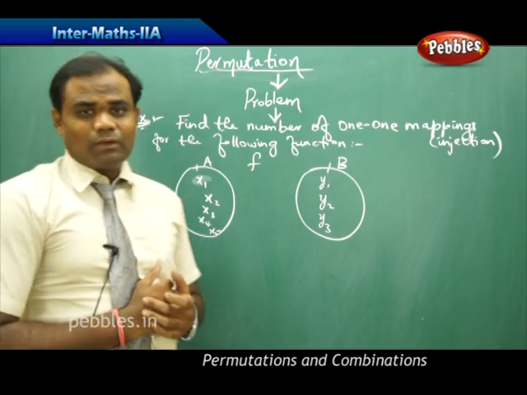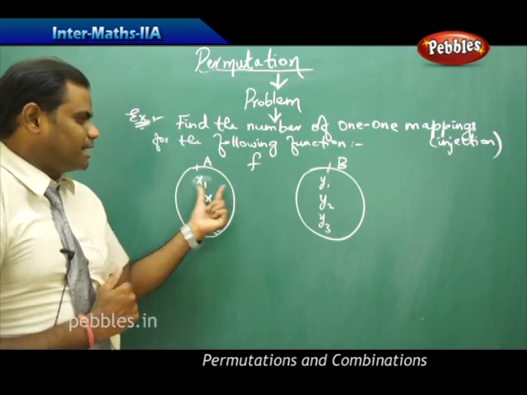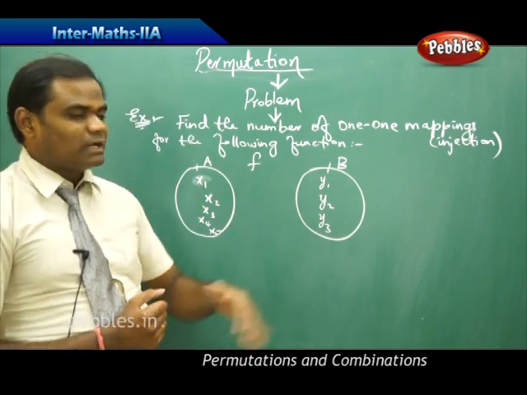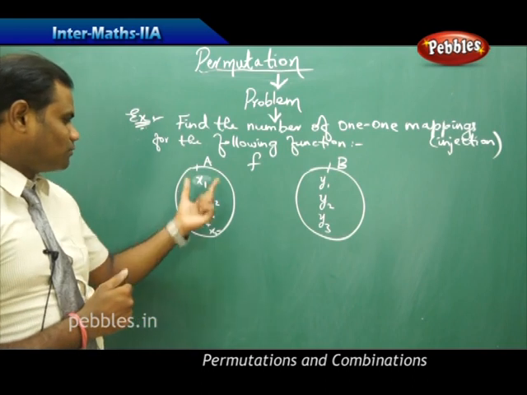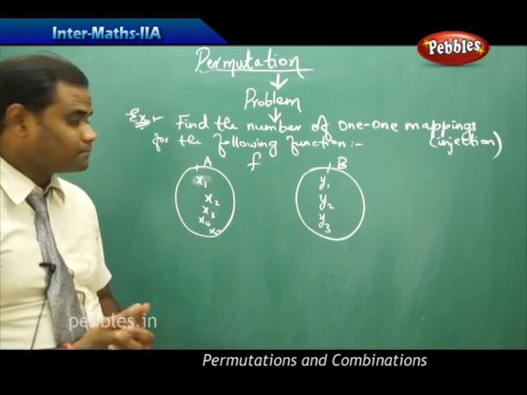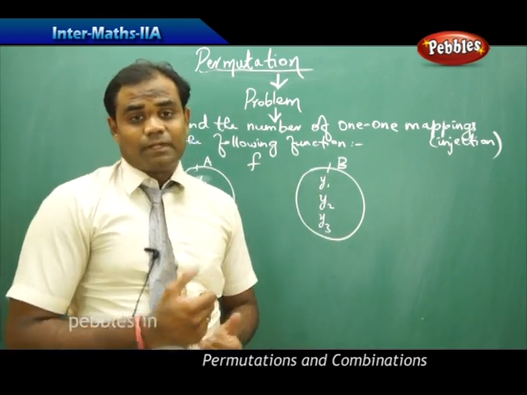We all know that a 1-1 mapping is a mapping in which every element has a distinct image. Therefore, I want to know all possible 1-1 mappings from the 5 elements of set A, x1, x2, x3, x4 and x5, to the 3 elements of set B, y1, y2 and y3.